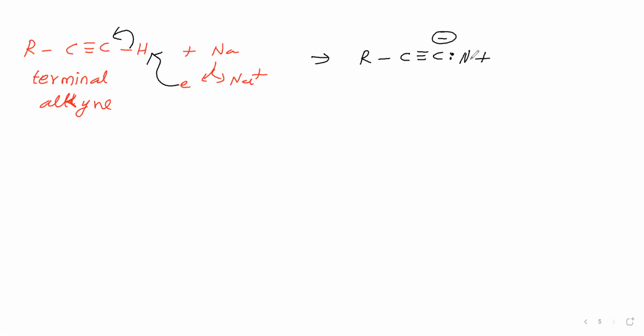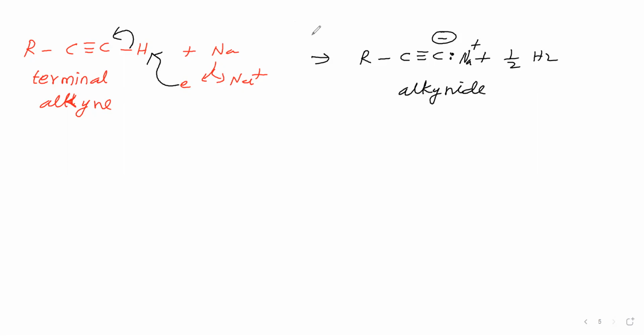Then Na plus is there to neutralize the negative charge, and we are getting hydrogen gas. So this alkyne becomes an alkynide, and hydrogen gas is the byproduct. Only terminal alkynes react with sodium. So alkali metals react with proton donors like alcohols, ammonia, alkynes, water, etc.